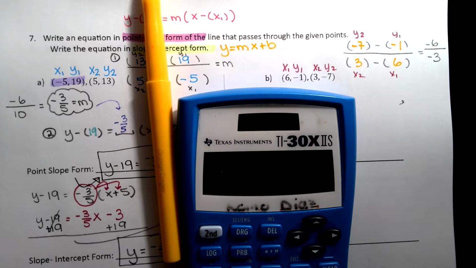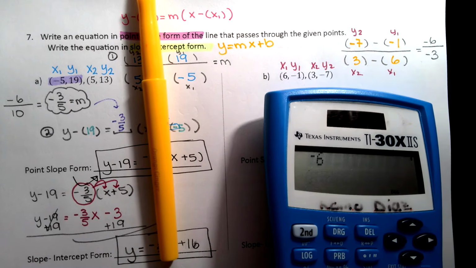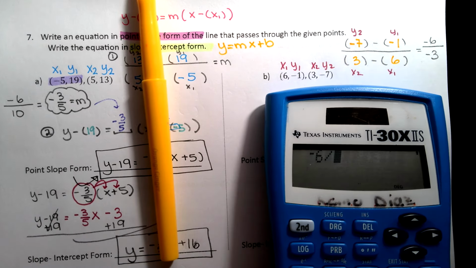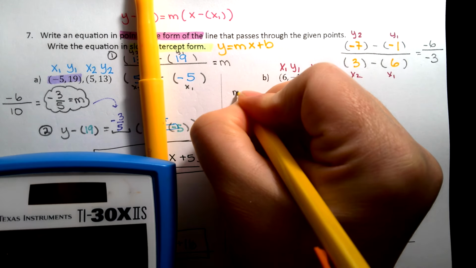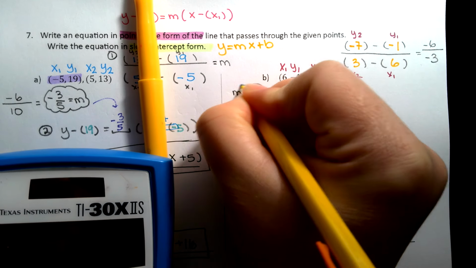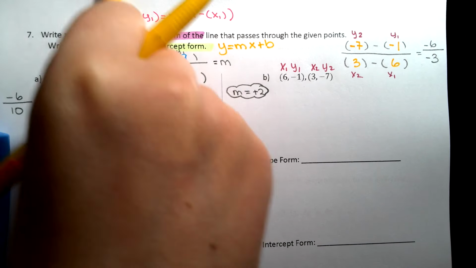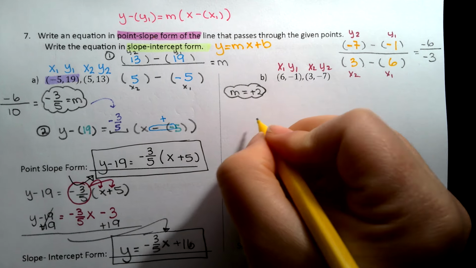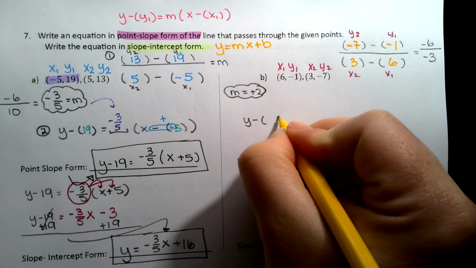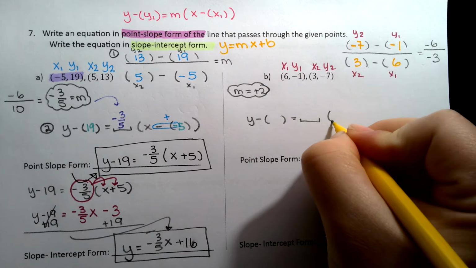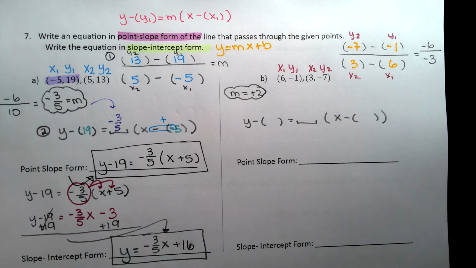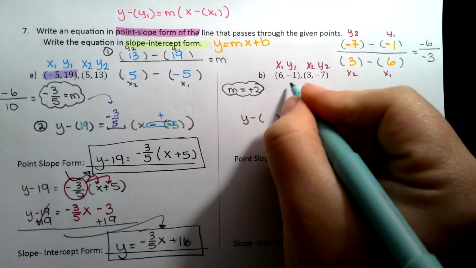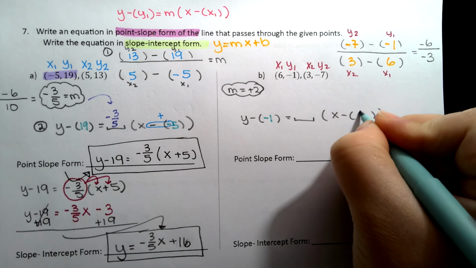So we end up with negative 6. Oh, you cannot see that, I apologize. Negative 6 divided by negative 3. I get a positive 2 for my slope. So m is a positive 2. Point slope form: y minus y1 equals m open x minus x1. y1 is negative 1, x1 is 6.